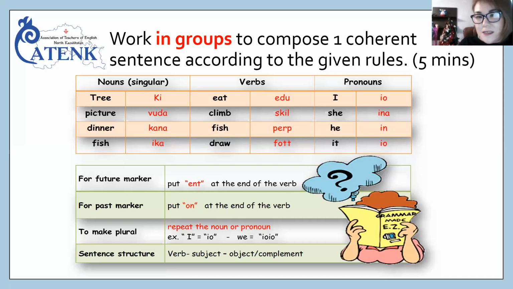Well, to me personally, when I looked at this chart, it was so difficult to understand. Honestly, I still don't understand, and I'm very happy that some teachers really figured out how to make a sentence according to this table, but to me, I still do not really understand how to make a sentence according to this table.